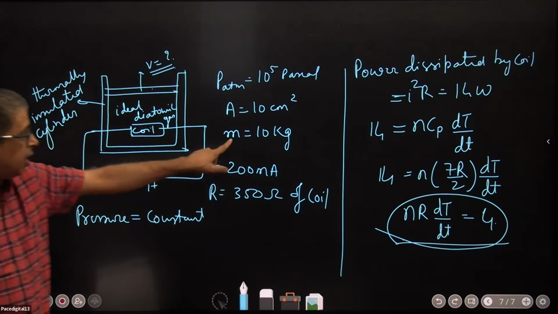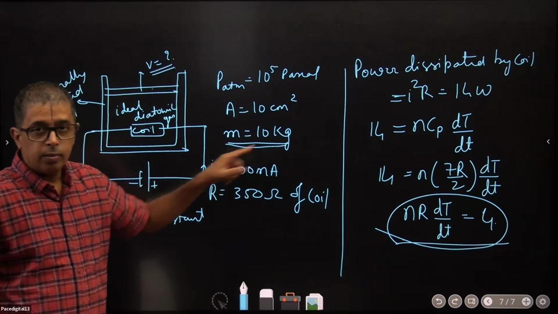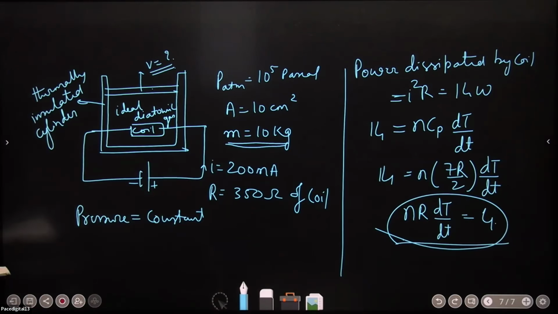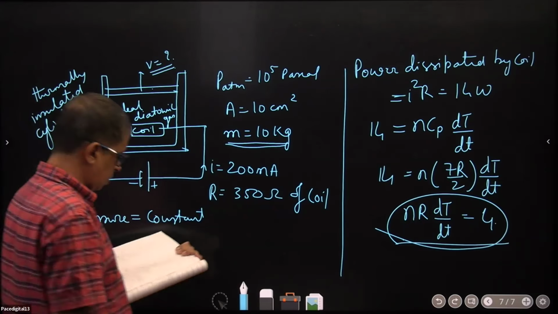The piston has got mass. Don't forget that. The answer is 2.